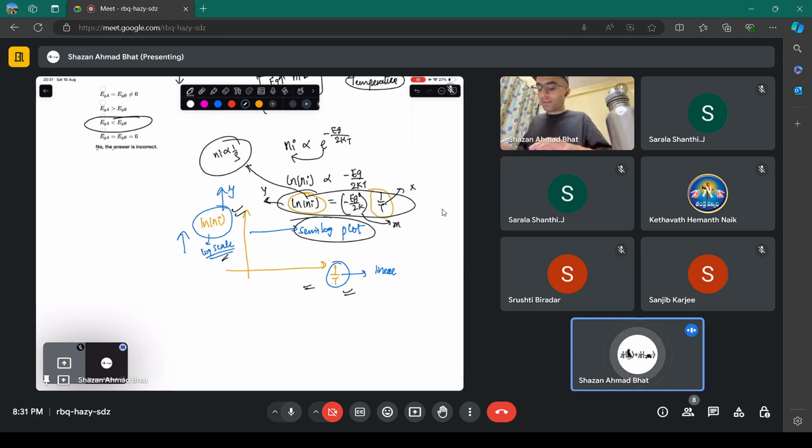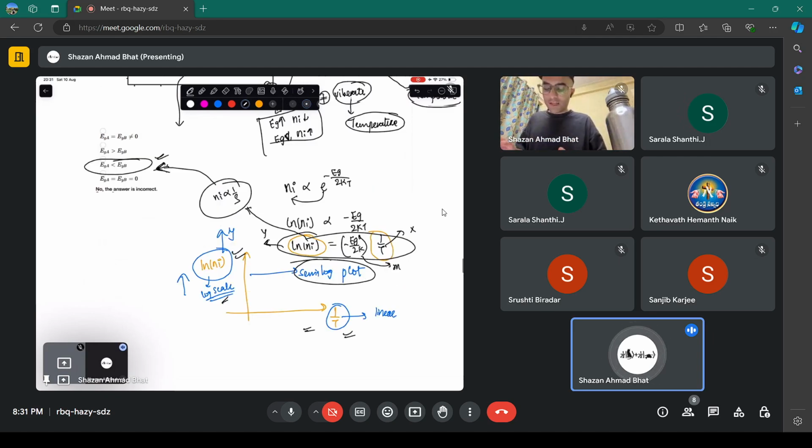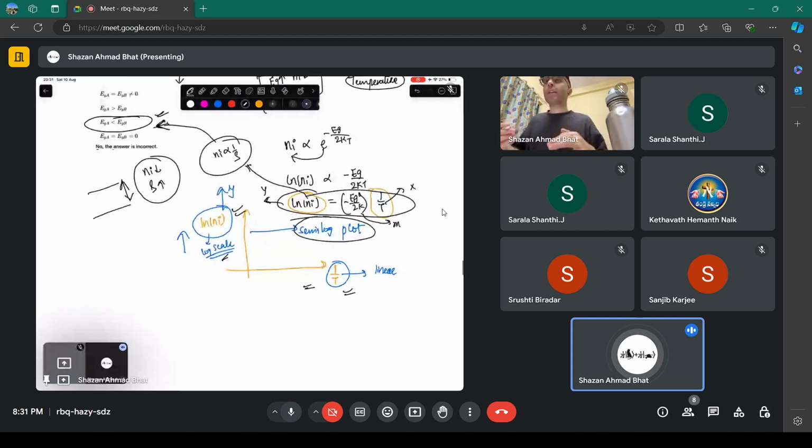So whatever is the case with Ni, uska ulta rho hoga, and that will give you the band gaps as these particular values. Or in other words, if the band gap increases, Ni will reduce, that means resistivity will increase. Simple. The material becomes more resistive.